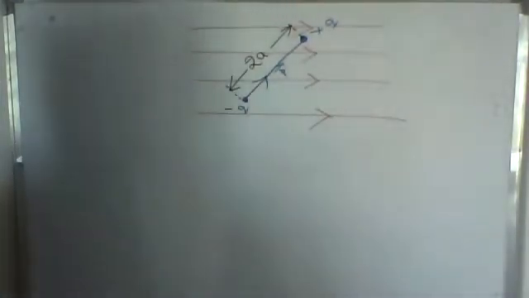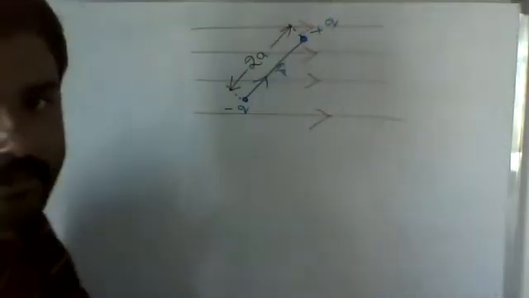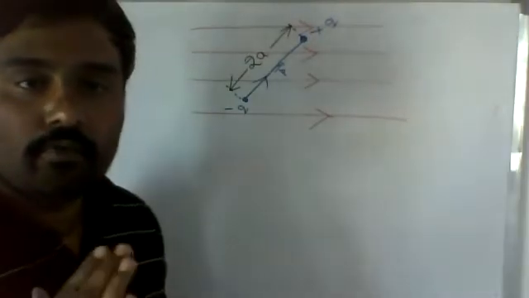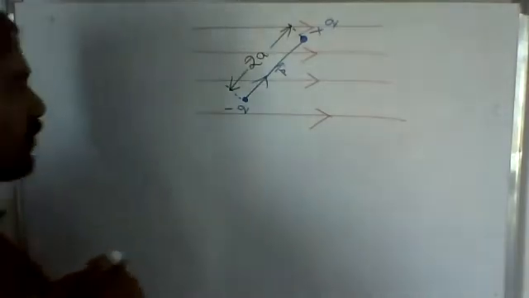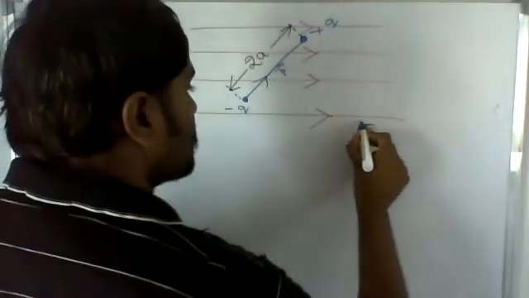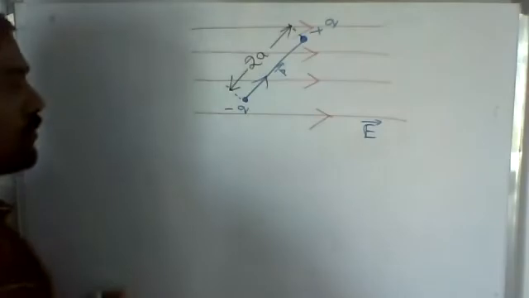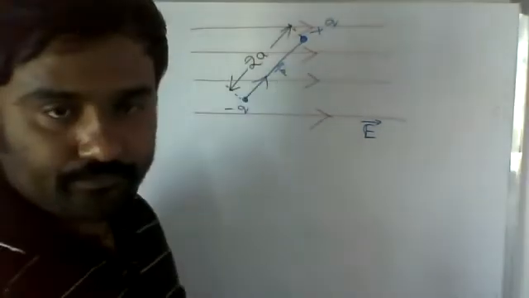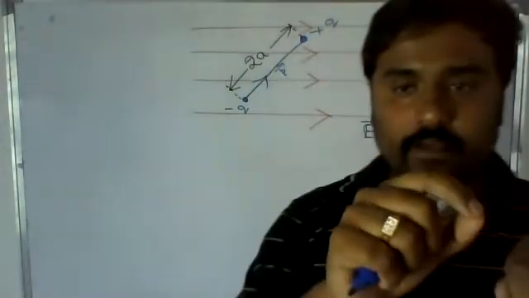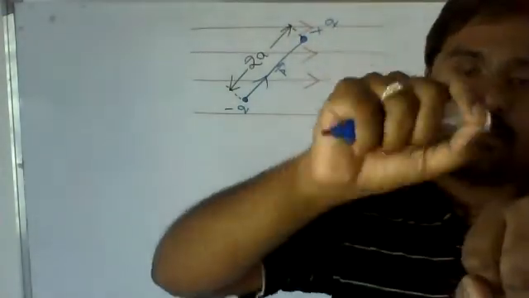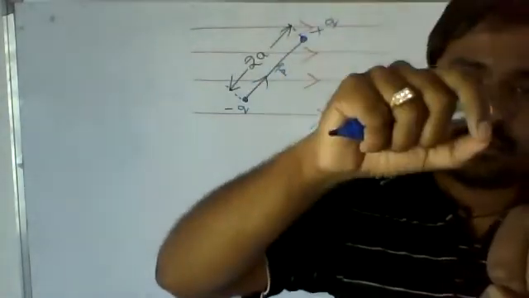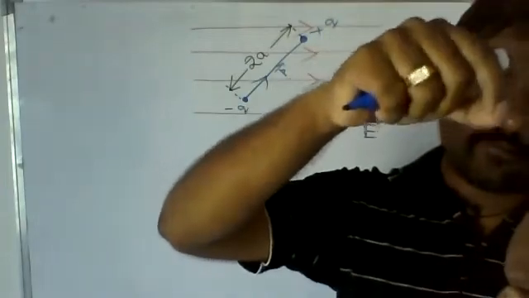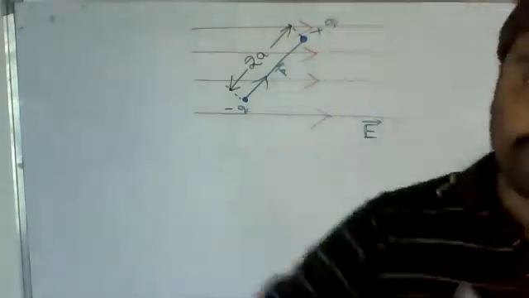Okay. So if an electric dipole is placed in the presence of a uniform electric field, what happens? Due to the electric field E vector, minus Q will experience a force. When a charged particle is placed in the presence of an electric field, it will experience a force.